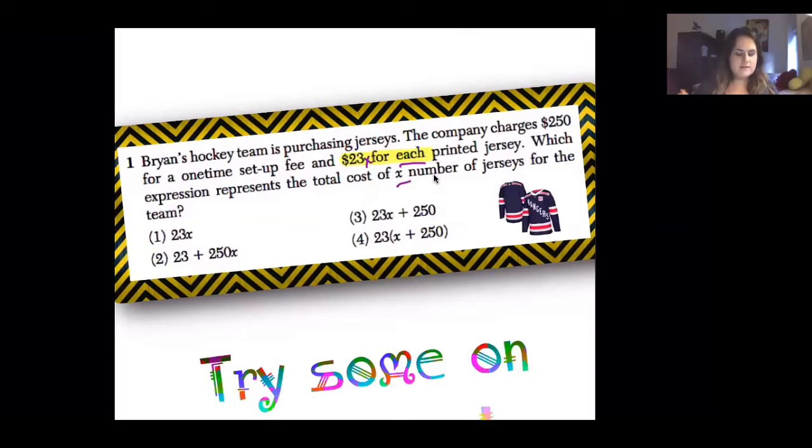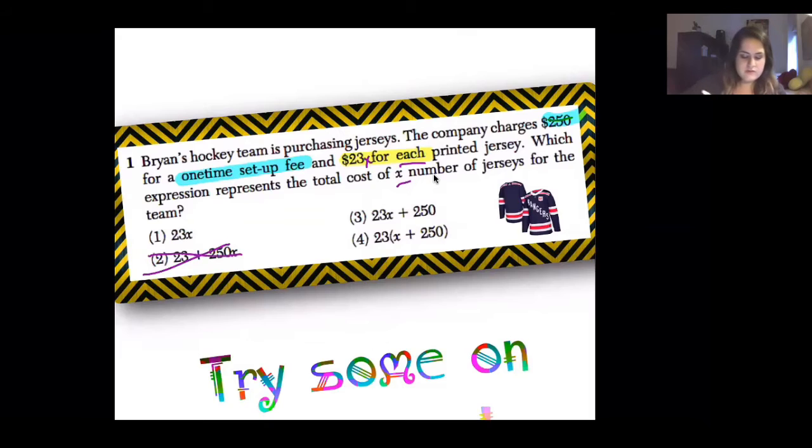Is there a choice that does not include 23x? Well, that'd be choice 2. It's just 23 that's solo, and I don't want that. All right, let's keep reading a little bit. I see another number here, 250. 250 is the one-time setup fee. When they say one time, you just need that number once by itself.